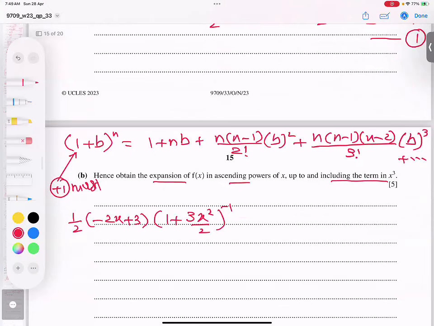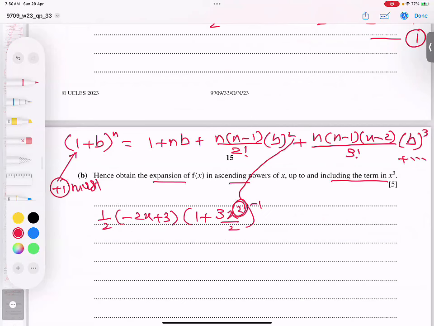So luckily, students, I will not go more than 2 terms. Why? Because this power is 2, when I plug in here, 2 inside, 2 outside, 2 to the 4, it means the first two terms are enough.